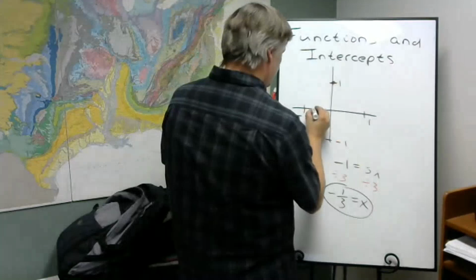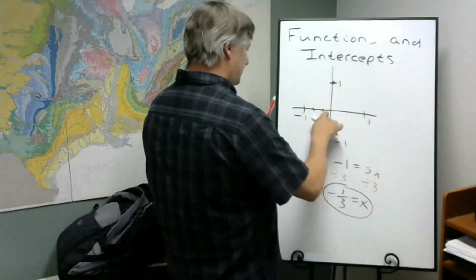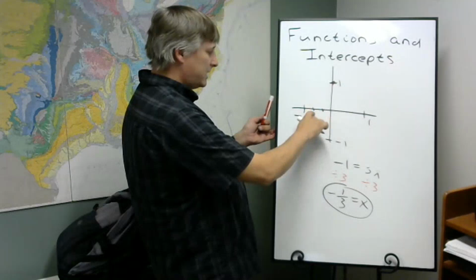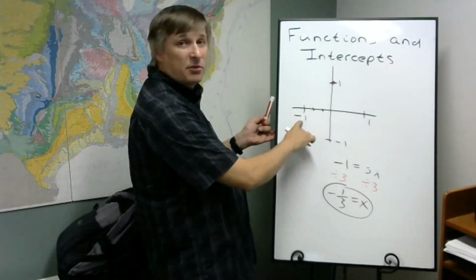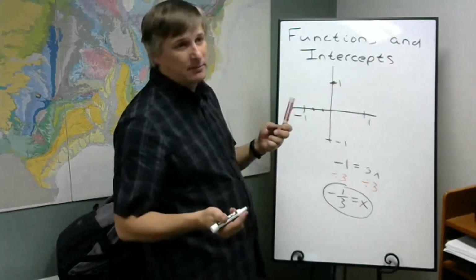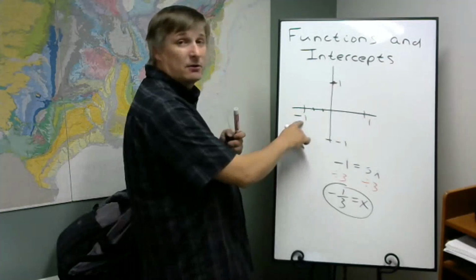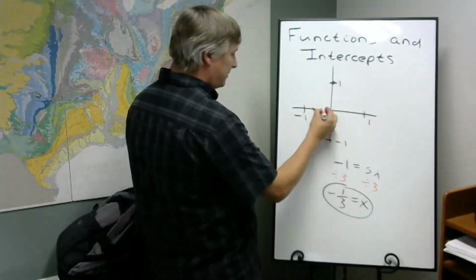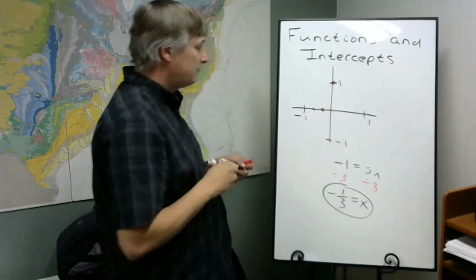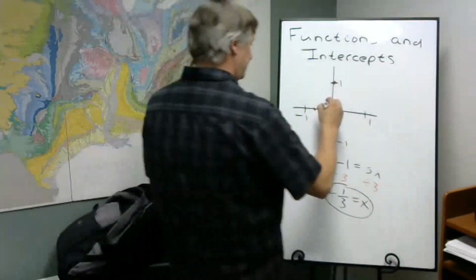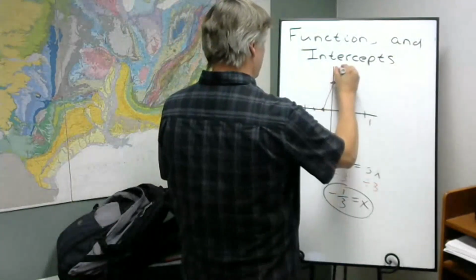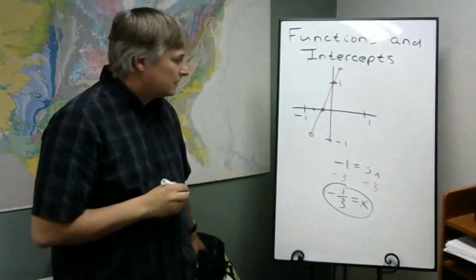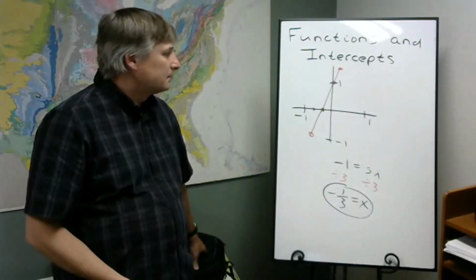Divide this into 3 parts: a third, a third, and a third. Negative 1/3, negative 2/3, negative 3/3, or 3 divided by 3 is 1, negative 1. So x is negative 1/3 when y is 0. So what we find is this.